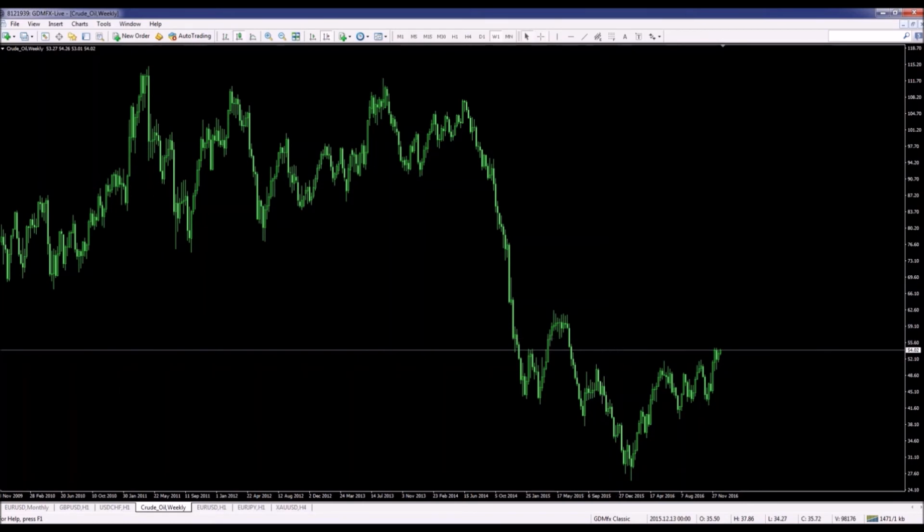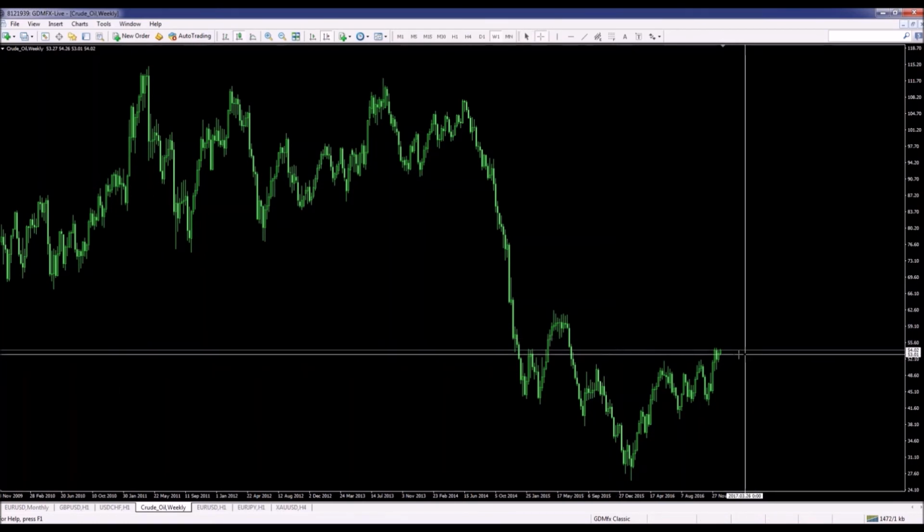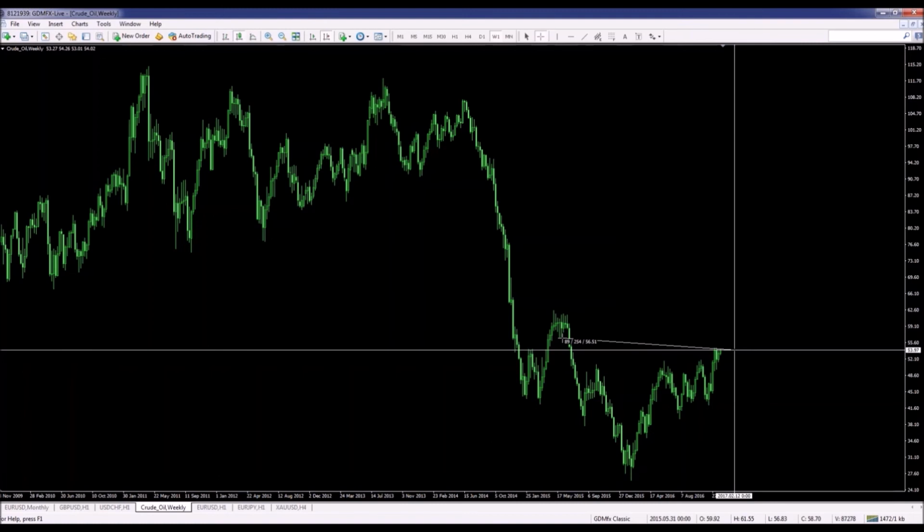Now that's about $2.50 from here. That's $2,500 on one lot, and again on 10 lots that's $25,000, or $250,000 on 100 lots.